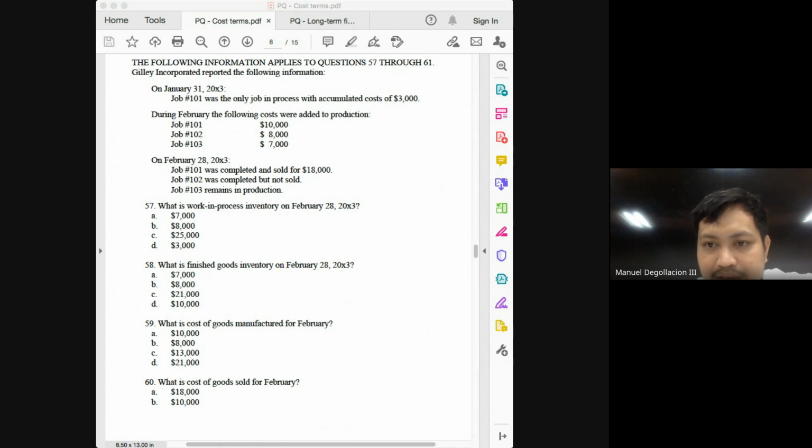So basically, we are in the month of February, class. So the January 31 information here will be considered as our beginning inventory. So the relevant period here is the period of February. During February, the following costs were added to production. So you add the 10,000 to job 101, but jobs 102 and 103 were not present as of January 31, class. What does that mean? This was only started in February.